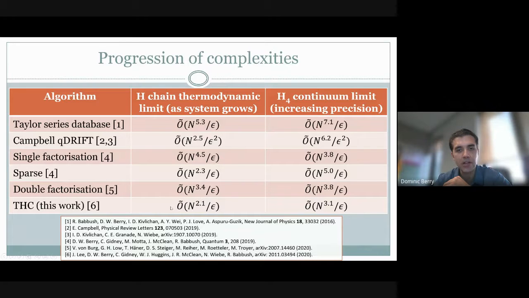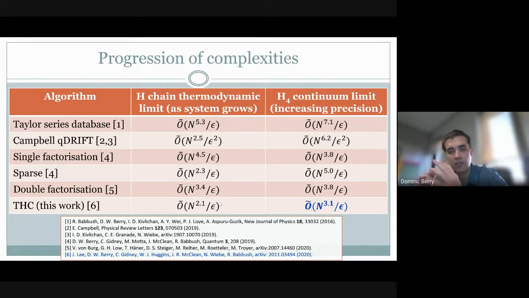This one here is n to the 2.1 according to our estimates. That's also an improvement over some very nice work from the Microsoft group last year, which we estimate goes as n to the 3.4.